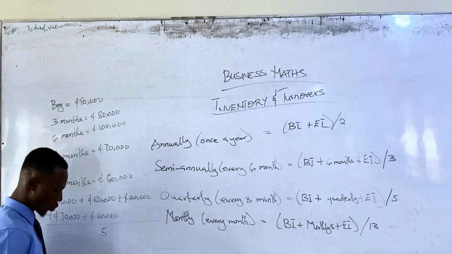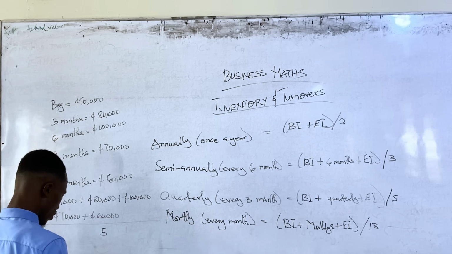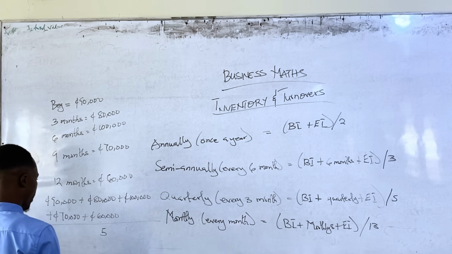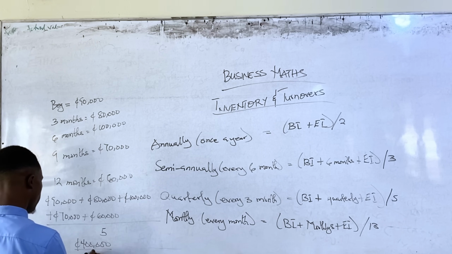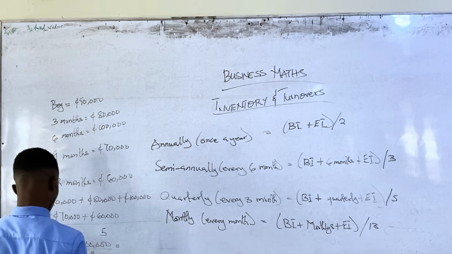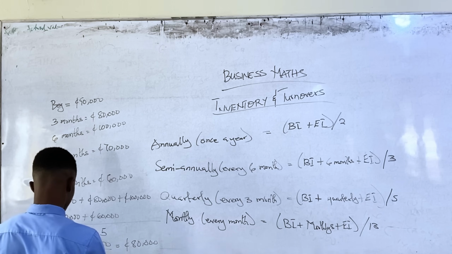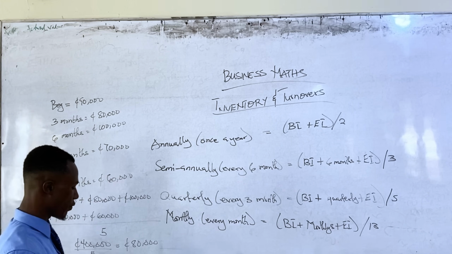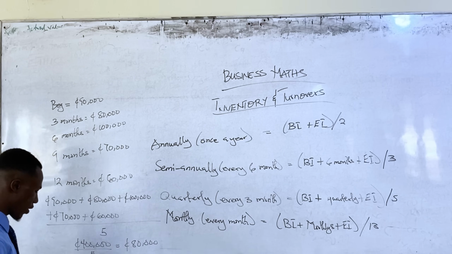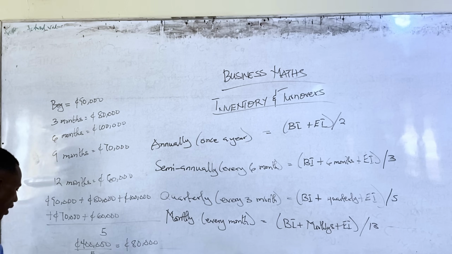Okay. So when we do that, what do we have? We have 400,000 divided by 5. And so for that matter, we are going to get 80,000 as our average inventory. So we are done calculating for our average.